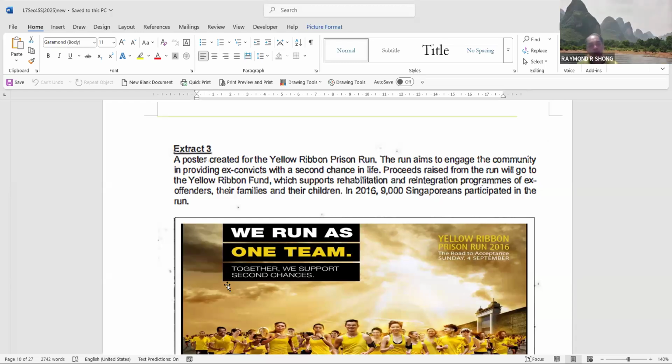If you do not know what a yellow ribbon is, it is for those who went to jail, when they come out we give them a second chance. Sorry, Bohan, this one is quite bullshit, because when they come out they should reform, but they have no chance to reform. Very simple, Bohan, I will only accept yellow ribbon for those who, say, fought, stole money, robbed. But if it is upskirt or molest or rapists, I will never give them a second chance.